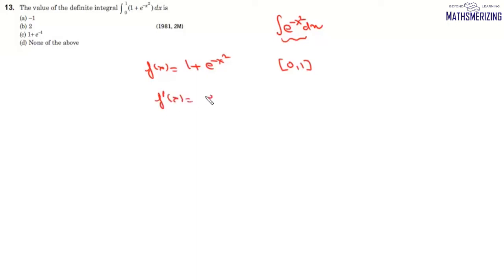F dash x will be e to the power minus x square into minus 2x. Now this is always less than or equal to 0. So that means this function f is a strictly decreasing function. Now if the function is strictly decreasing, then the maximum value of this function is at the point where the interval starts. So the maximum value of this function will be when the value of x is 0.